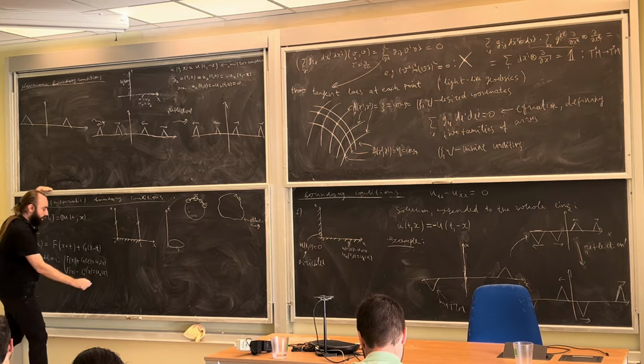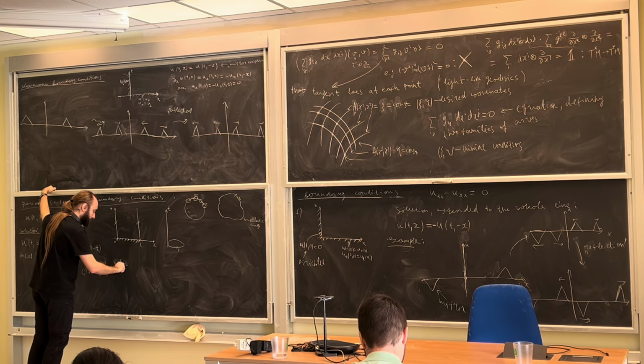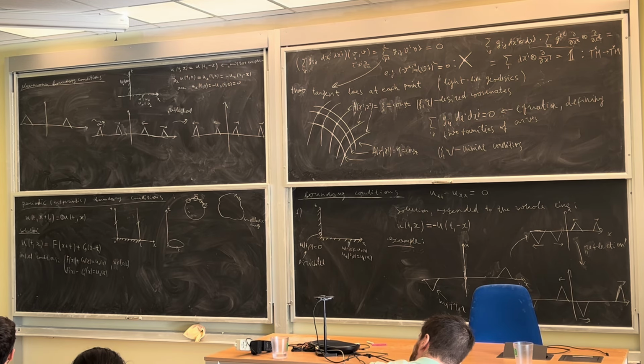So this is written for x from 0 to L. But we can easily extend this to the whole line. We can simply say that this u is extended as a periodic function.